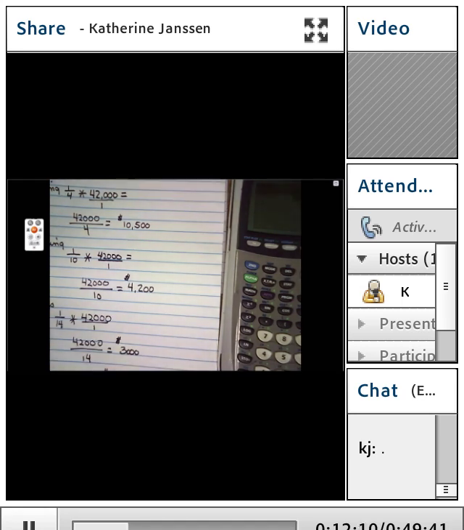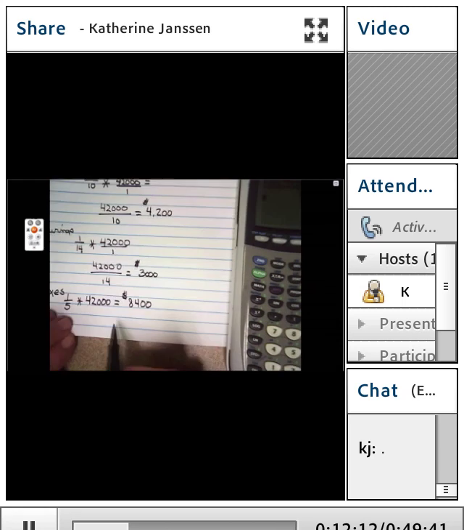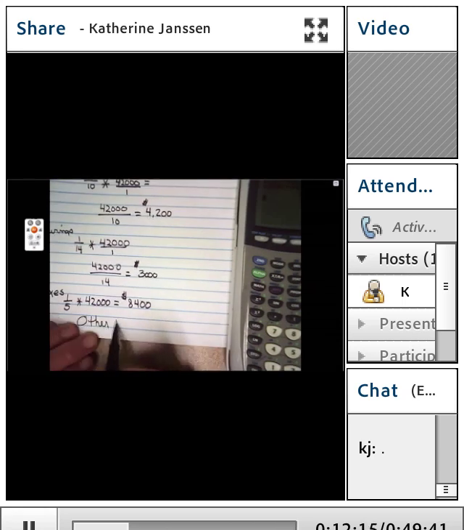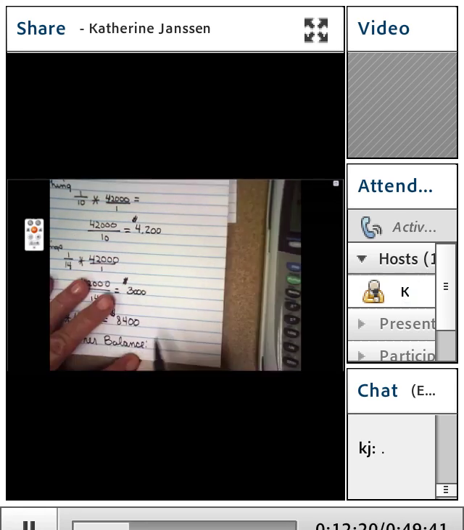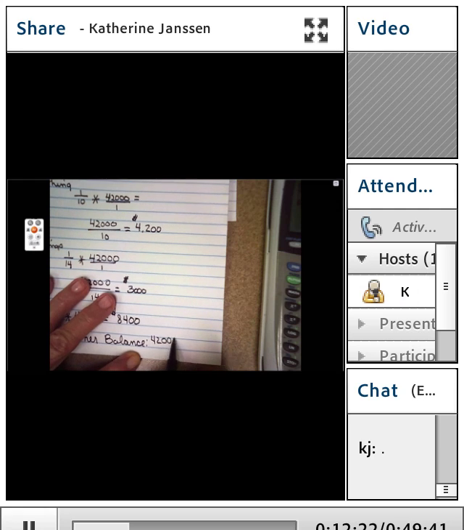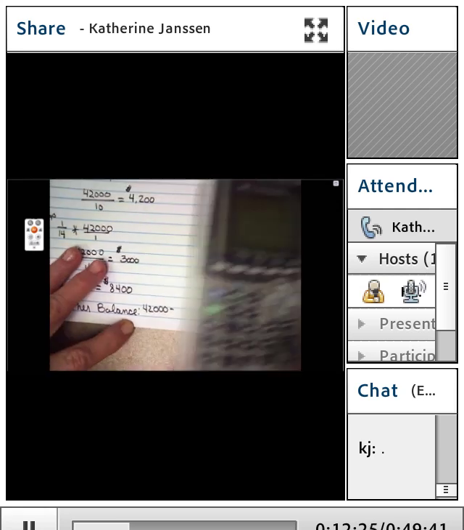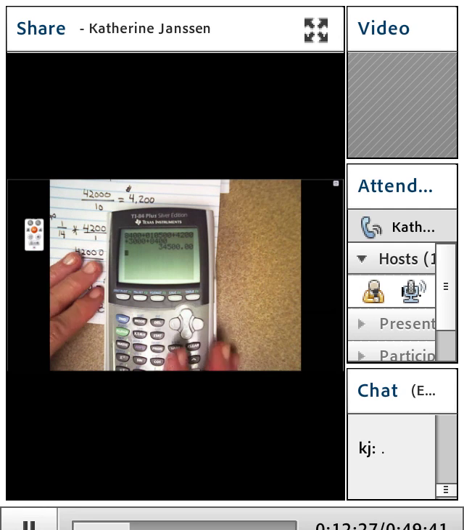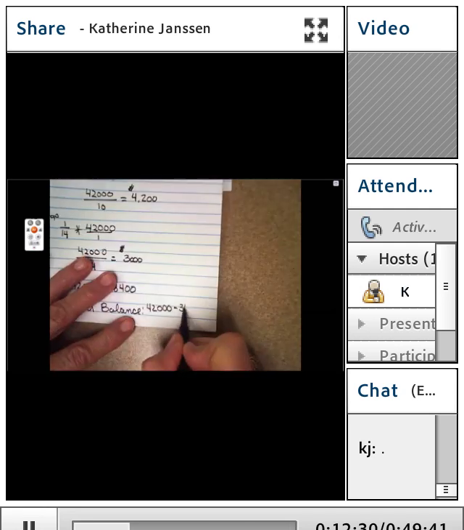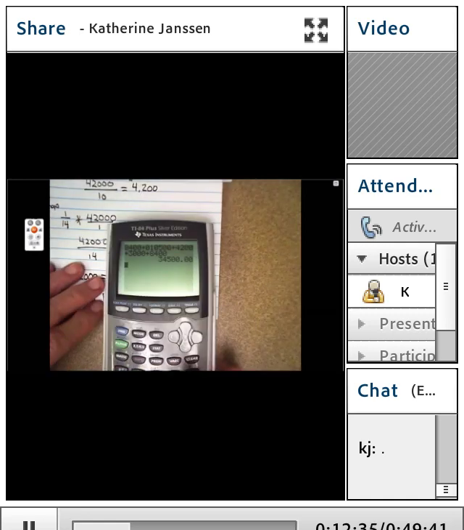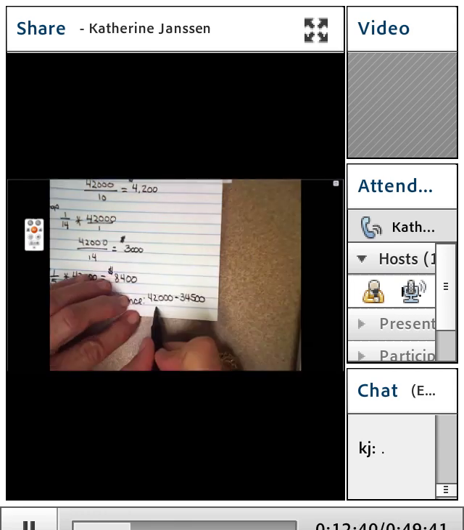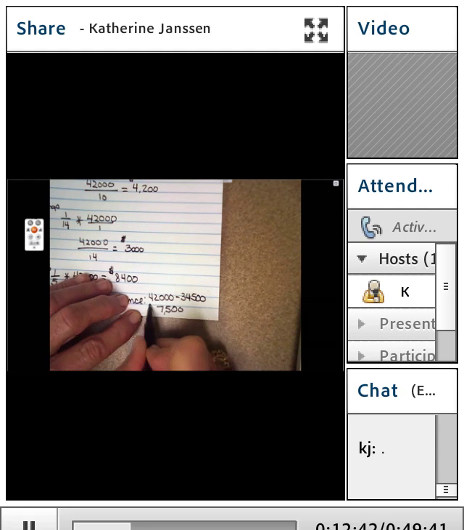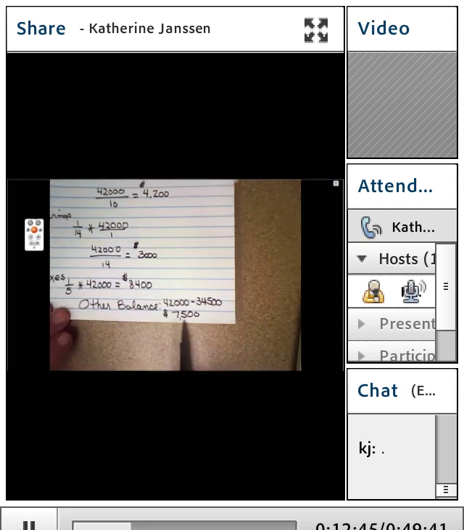So my other category is the balance of 42,000 minus the total that I've had budgeted so far of 34,500. Finding the difference, I get $7,500. So the other balance is $7,500.